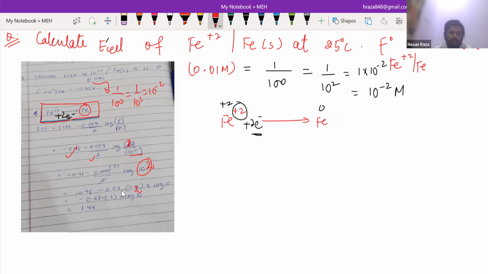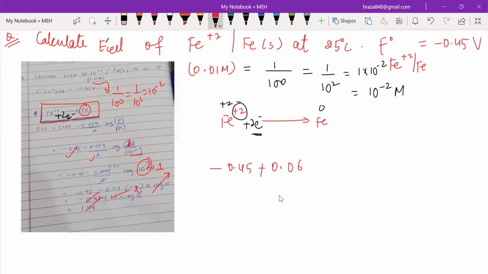When you multiply, this is the value 1 and it is 0.45 minus, and multiplying by this you will get plus 0.06, right? And log 10 has a value 1.